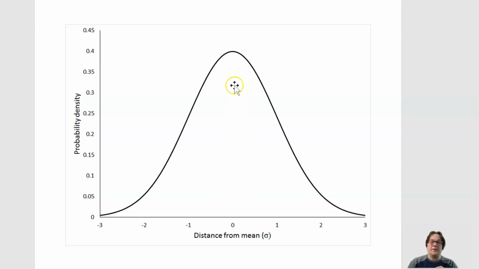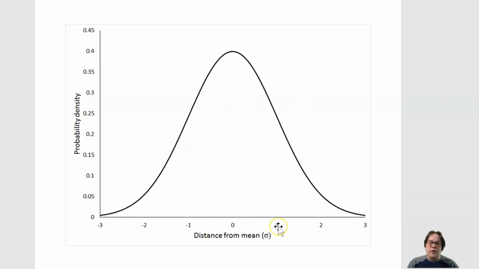If we drew a line straight up from 0, 50% of the scores in our distribution are going to fall below it, and 50% of our scores are going to fall above it. It's also the mathematical average of all of our scores. So it's the mean, the median, and the mode.